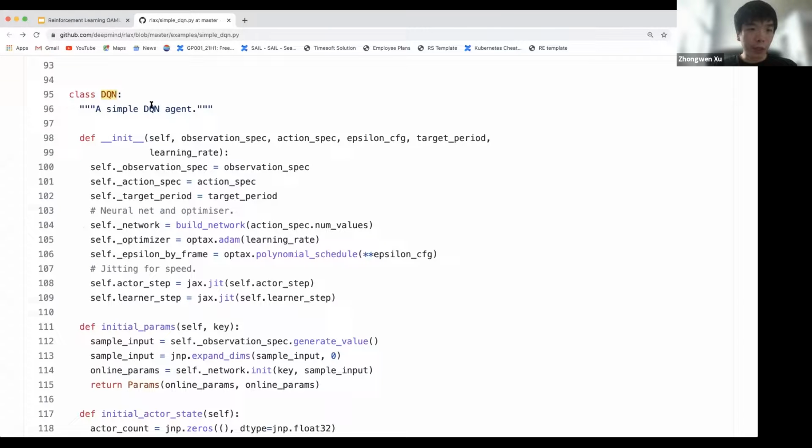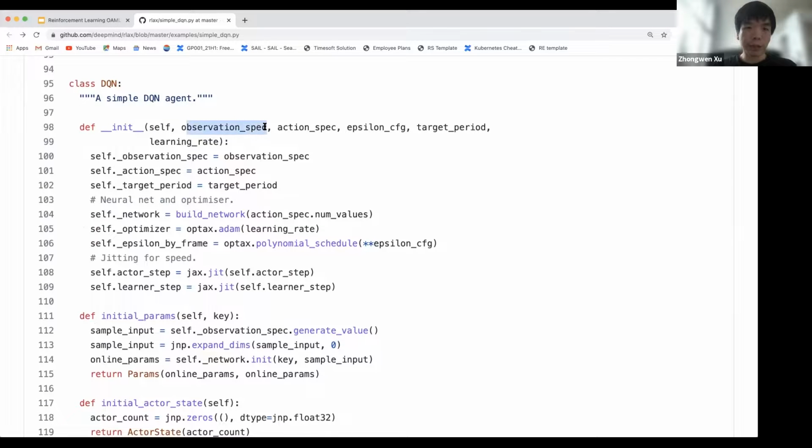And then for the DQN agent, it's a very simple one, as I mentioned in the documentation. We're taking observations back, which describe the input shape of the state. We're taking actions back: for example, the agent can perform 10 different actions, so the action spec can tell there are at most 10 actions, and the agent can decide the output dimension of the Q values.